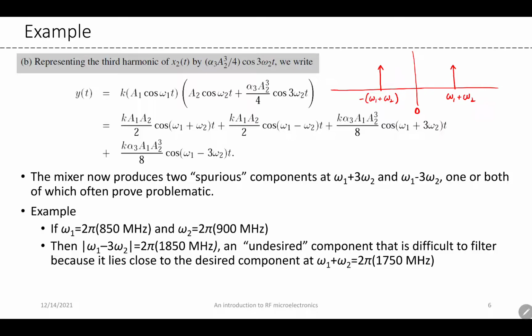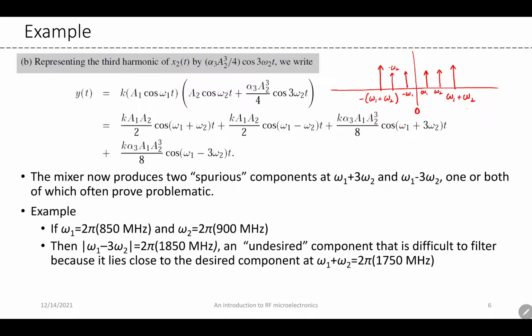To make things simple, let's say this is omega 1, this is omega 2, and then this is omega 1 plus omega 2.